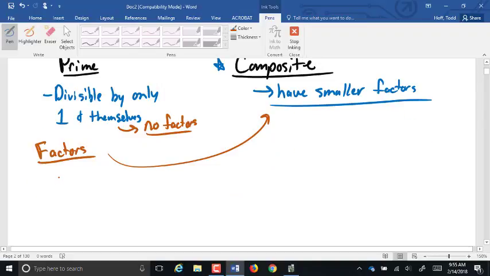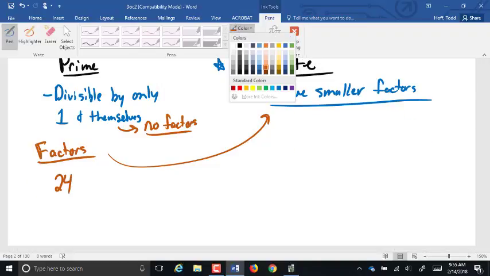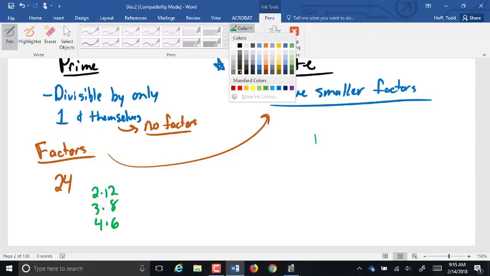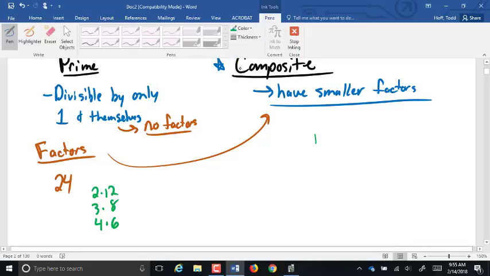So if I have the number 24, that has several sets of factor pairs. It might be 2 times 12, 3 times 8, 4 times 6. All of those are factor pairs for 24.